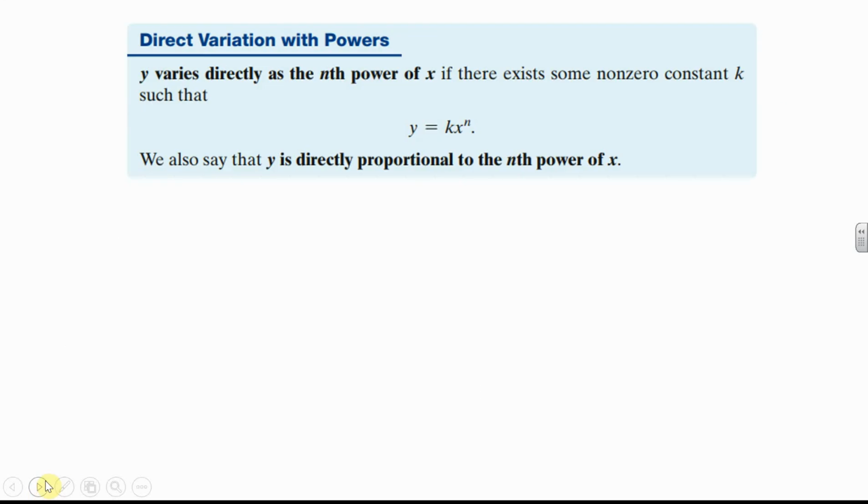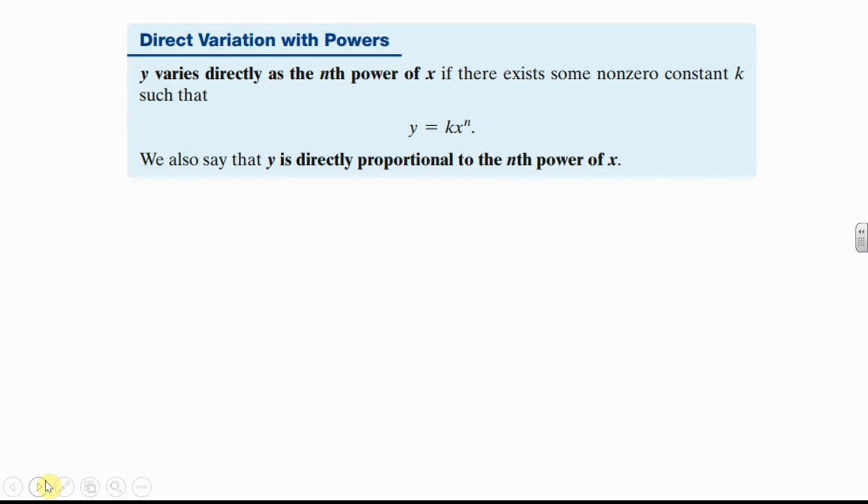So now, you can have variation problems, and they talk about a particular power. It may say that one of the terms is raised to the 3rd power, is cubed. You just put the 3rd power on that particular term. Make sure you put it on the right term. Here is an example model. Y varies directly as the nth power of x. So x is raised to the nth power.